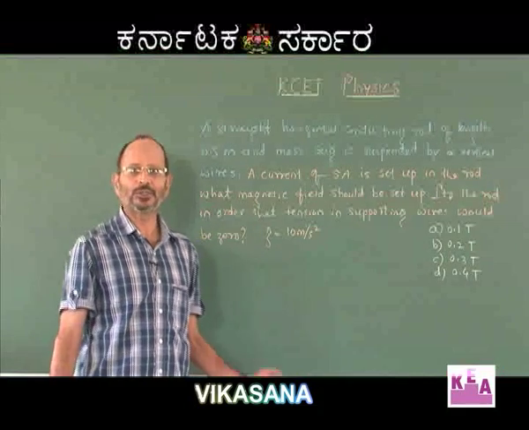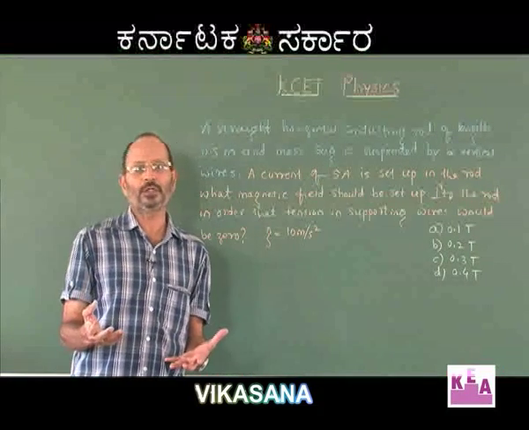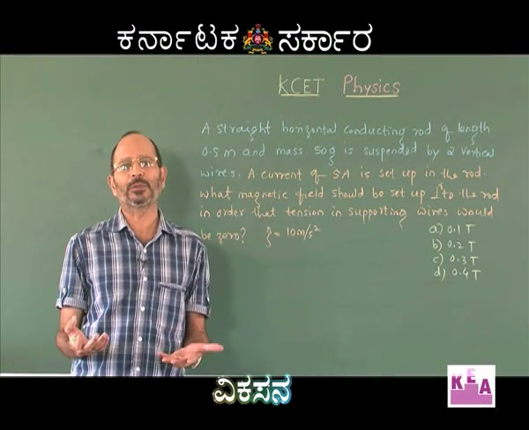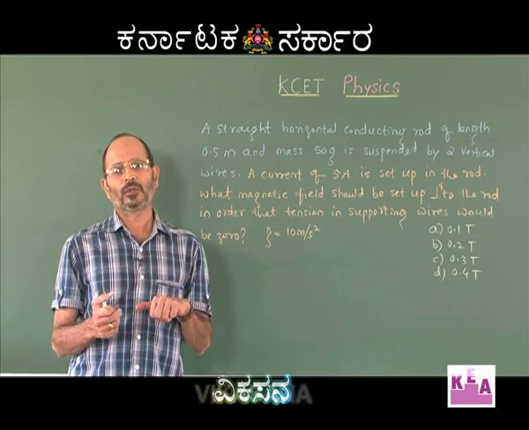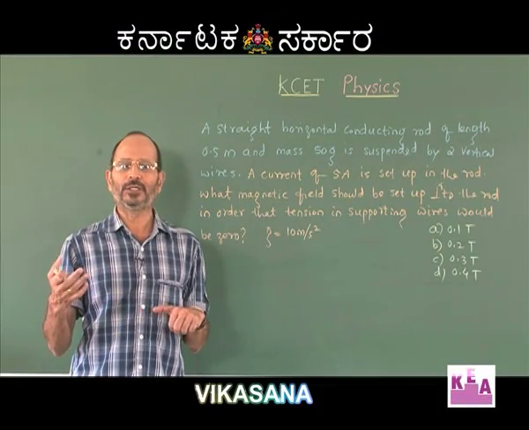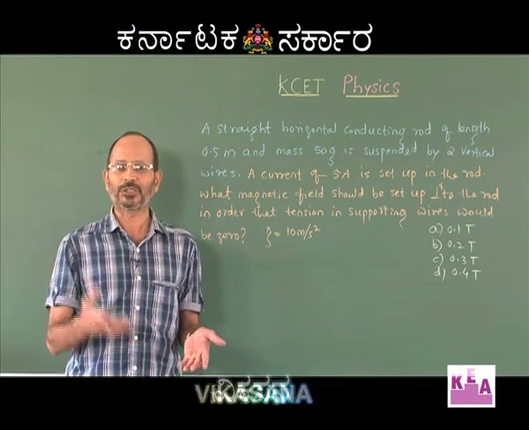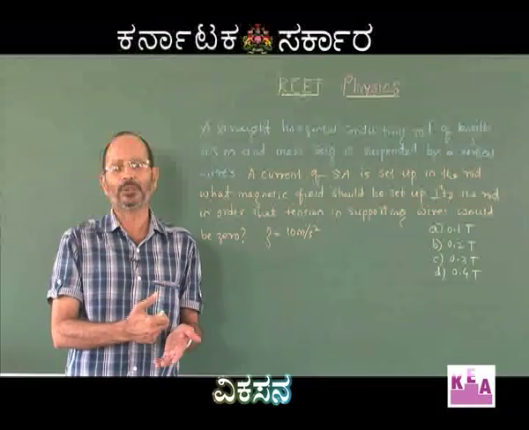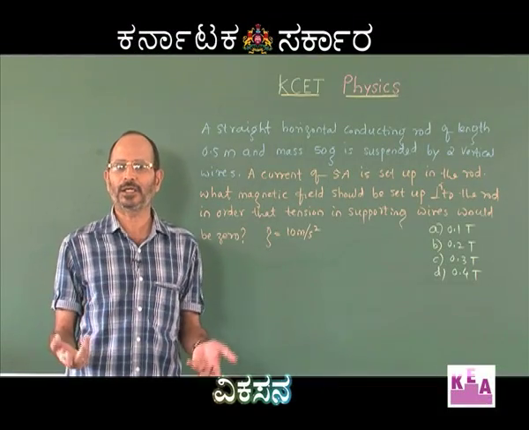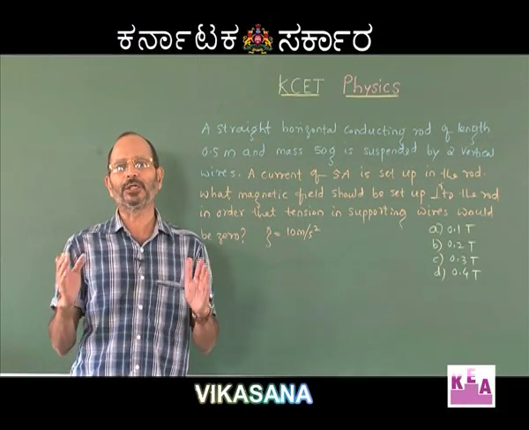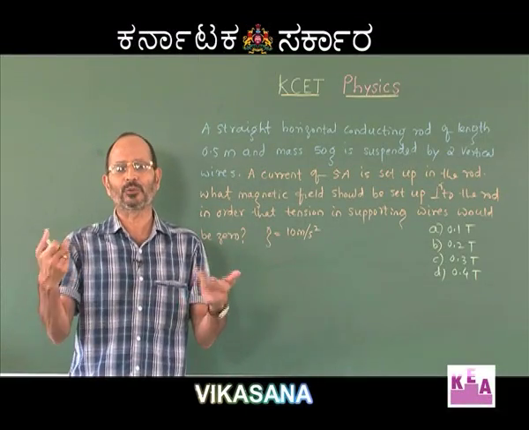So, he wants here the weight of the rod to be supported by the force that the rod would experience due to the magnetic field. If a magnetic field is set up and if the rod is carrying a current, then certainly it would experience a force due to the magnetic field, and if that can take care of the weight of the rod, I think the rod can certainly be in equilibrium and the tension in the two wires supporting the rod would be 0.